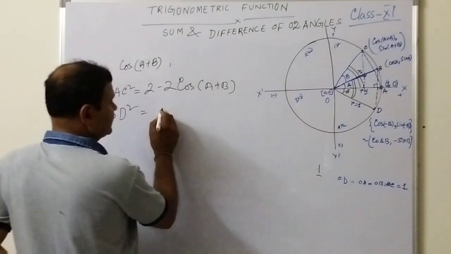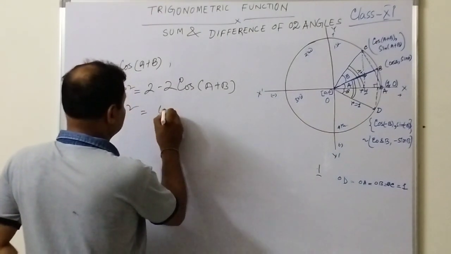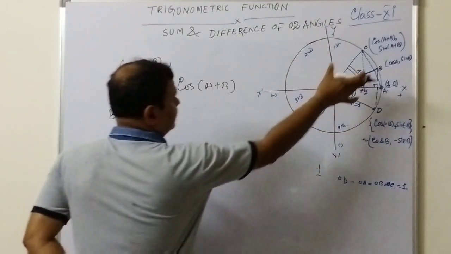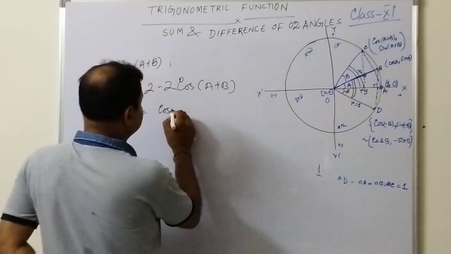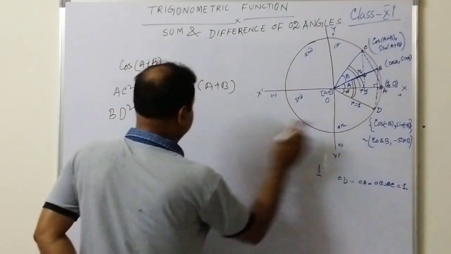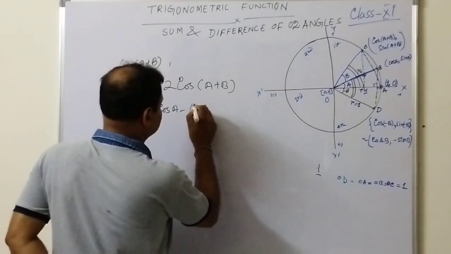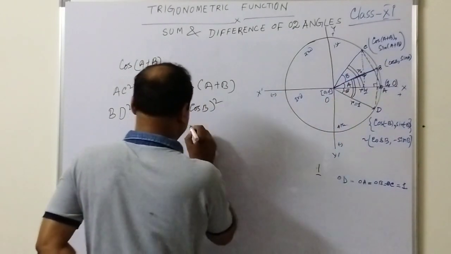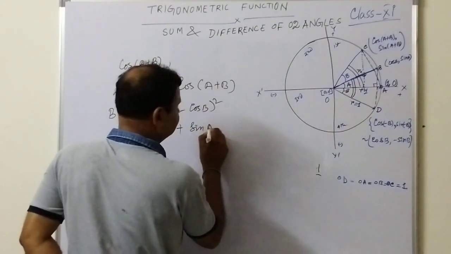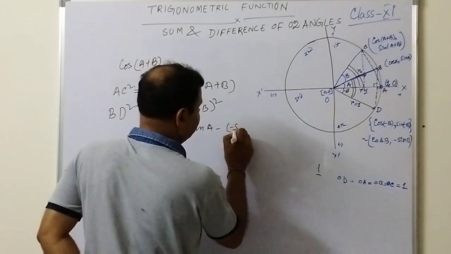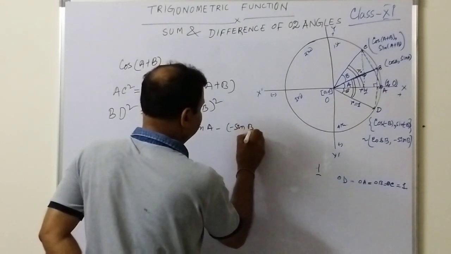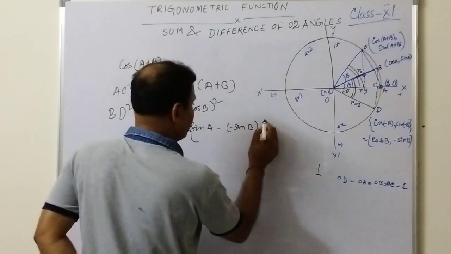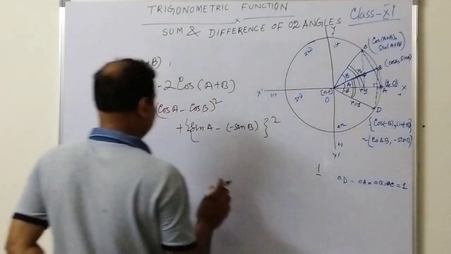Now the distance will be the x-axis coordinate difference, cos A minus cos B whole square, plus sin A minus, because this is minus sin B, whole square.